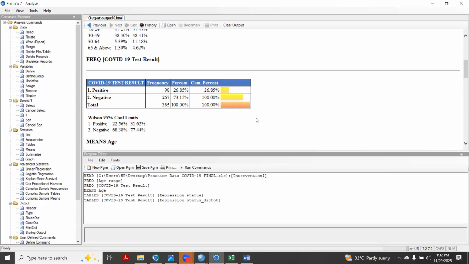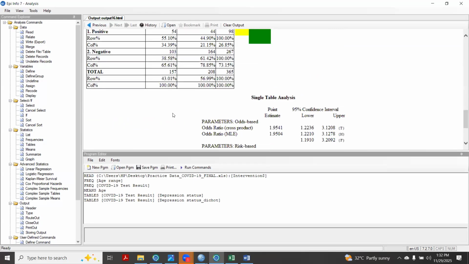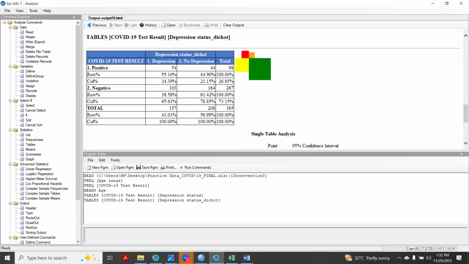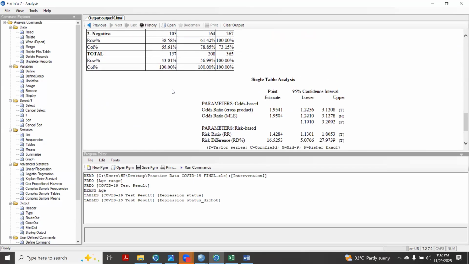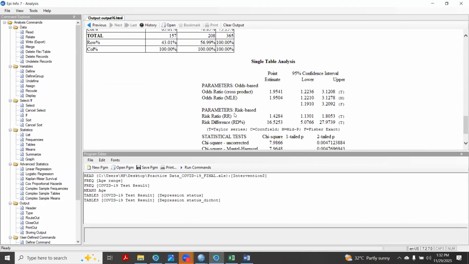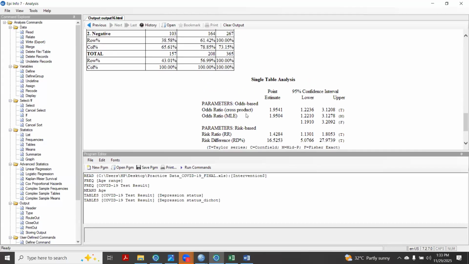So all prevalence studies are cross-sectional studies. You have determined the prevalence of COVID-19, which is 26.85. Now you have run an association here, and that association has generated a relative risk and an odds ratio. But you are not going to be using the relative risk for a cross-sectional study. Why are you not using relative risks but odds?